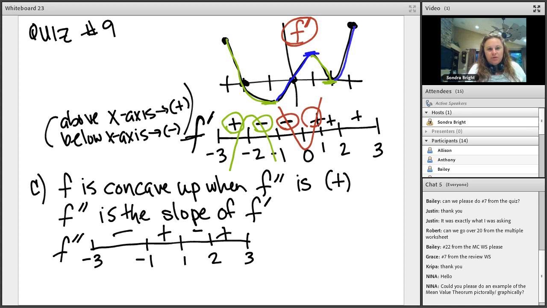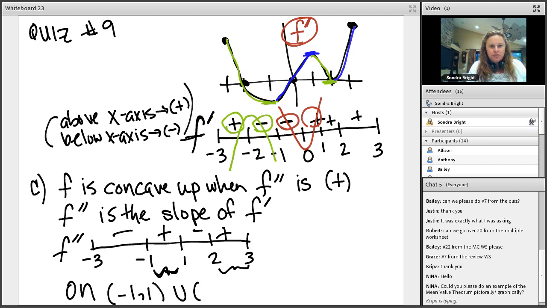And so it's concave up on the interval between -1 and 1, and again from 2 to 3. And that's because the slope of f prime, the first derivative, is positive on these intervals. So concave up on the interval from -1 to 1, and again from 2 to 3.